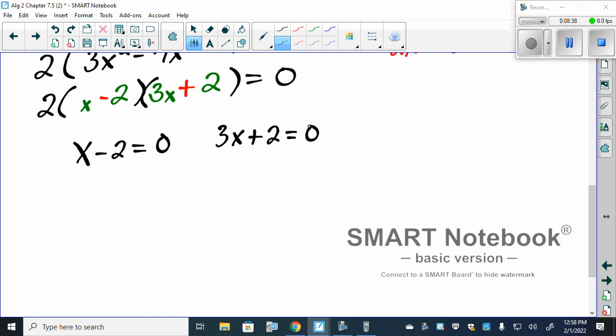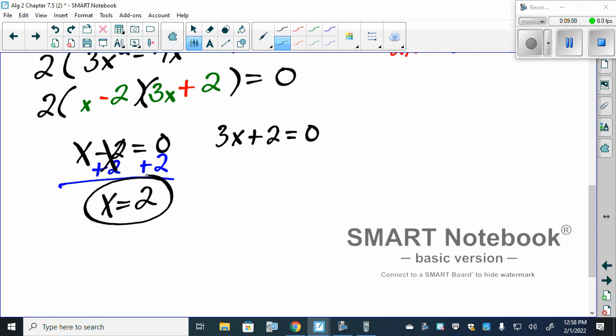One of these has to be 0. And at this point here, we just need to solve for the value of x. So in our first one here, we can add 2 to both sides. And if we add 2 to both sides, these will cancel, telling me x is equal to 2.